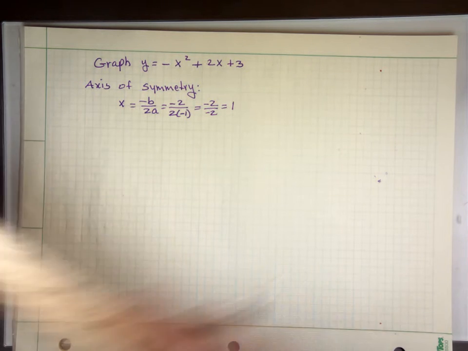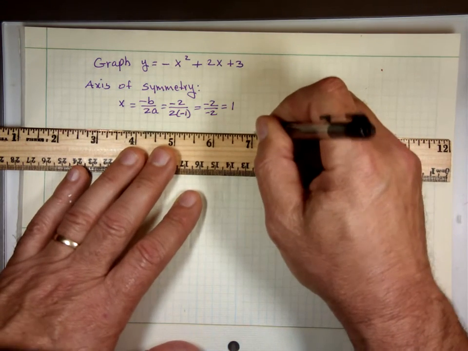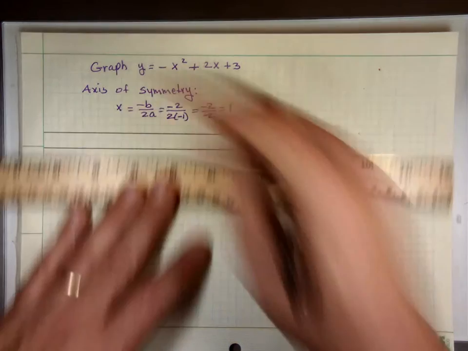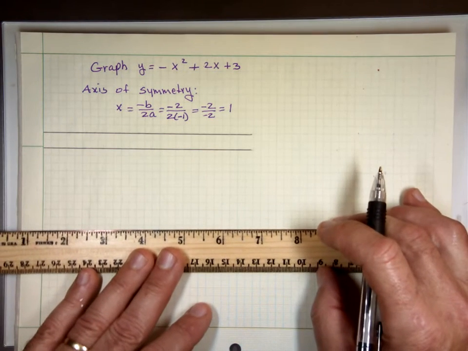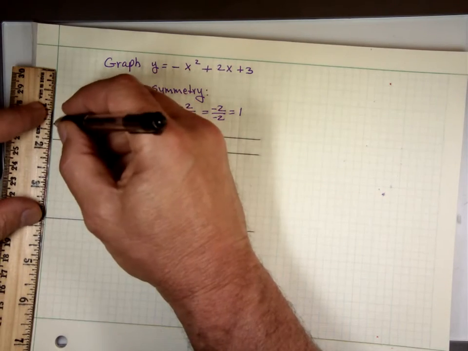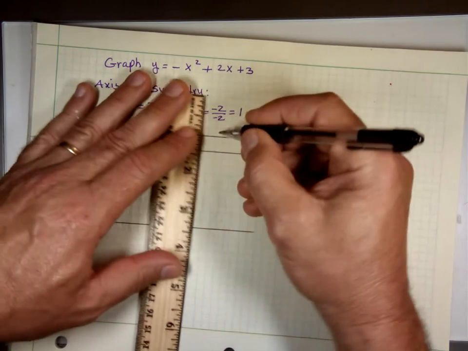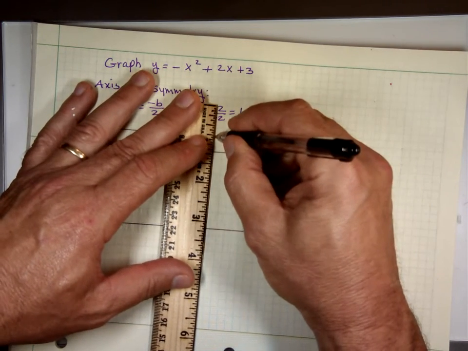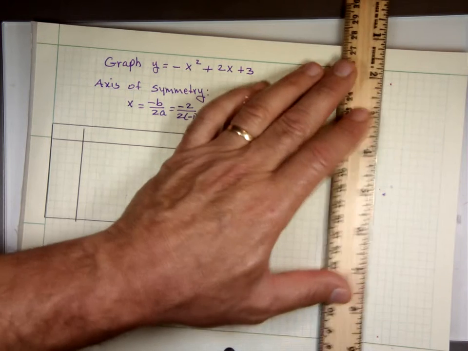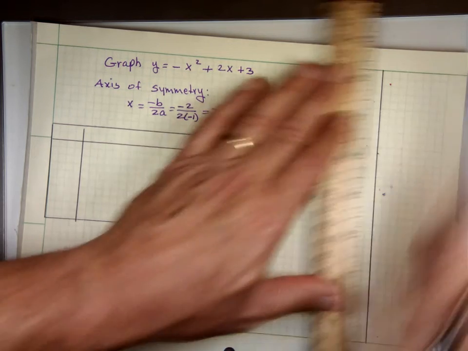So when I make my table, this is the x-axis and the y-axis right there.